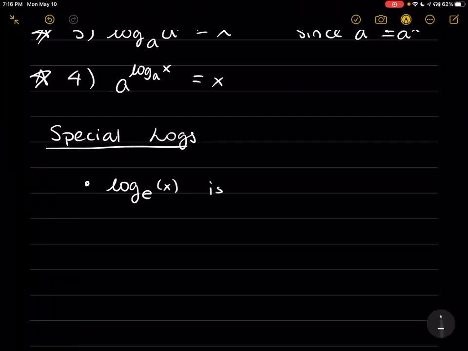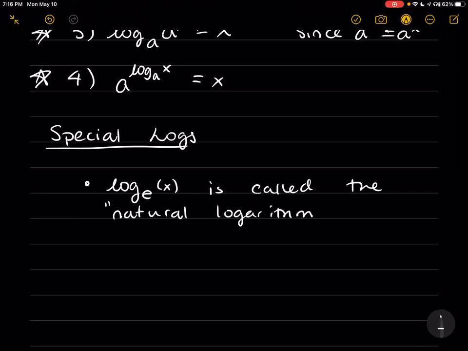This is called the natural logarithm. Right, just as e to the x is called the natural exponential function, or sometimes just called the exponential function. We talked about that in 4.2. A log base e is called the natural logarithm.